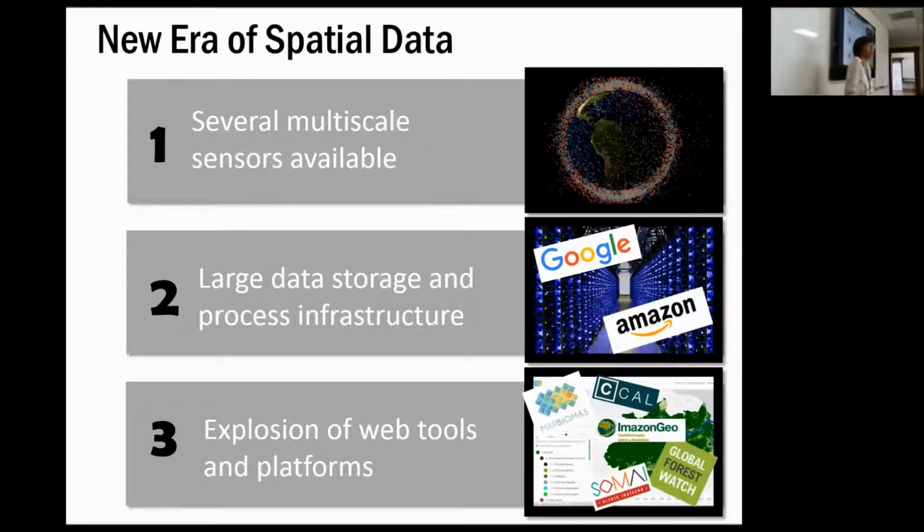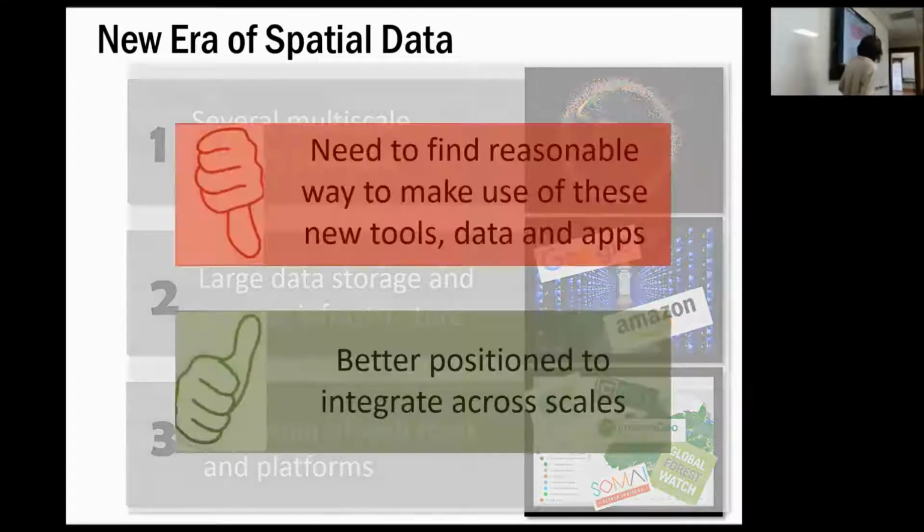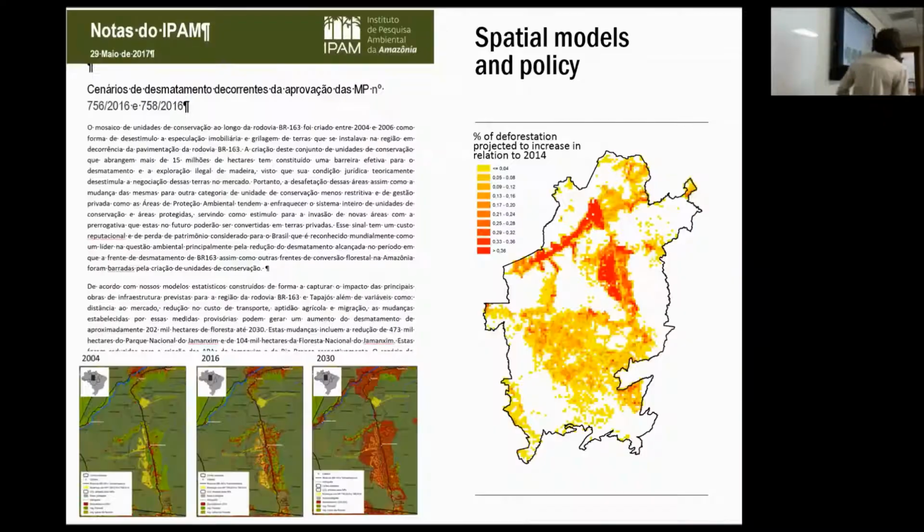And now we have an explosion of web tools. Everybody wants to use web. What do you do with all of that? Well, there are challenges. We need to find a reasonable way to make use of all these data, tools, apps. But we are really well positioned to integrate scales now, better than ever.